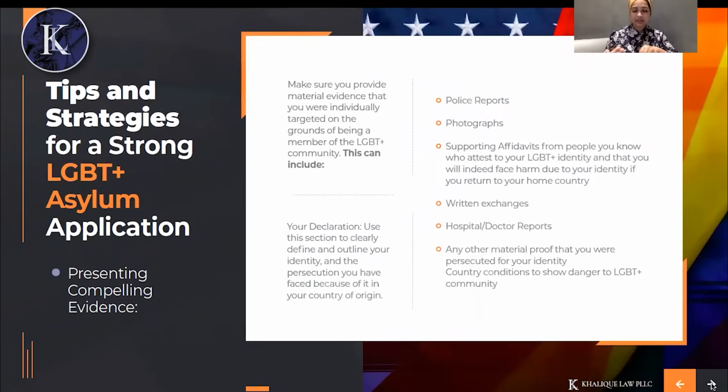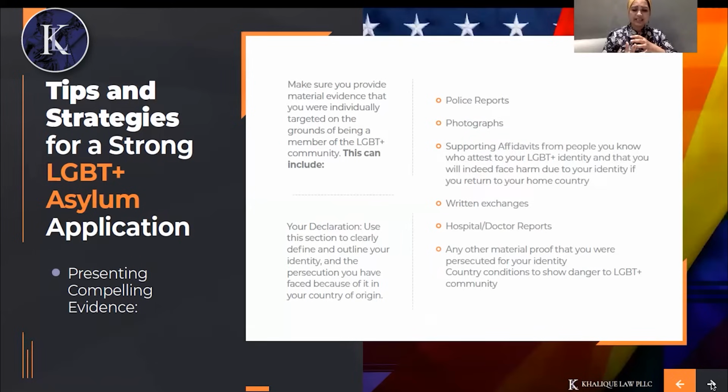We might discuss this a little bit more later, but the declaration sets up the scene for the USCIS officer for why you're afraid to go back to your country, how you came to discover you were LGBTQ or you came out, different things about yourself when you started to realize that you identified that way.